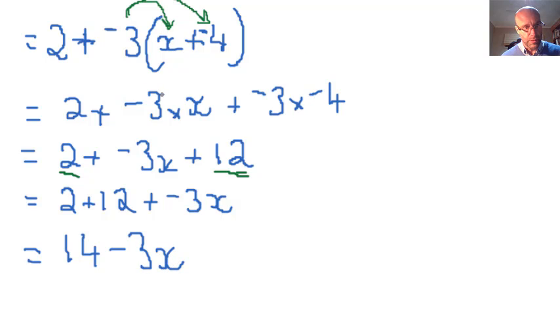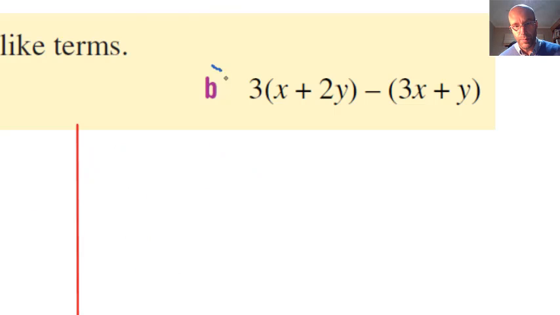Now you might not need to show all of these lines of working after you've done a few, but you probably should for the first few because they are more complex. Looking at the second one now, part B, we have 3 outside of x plus 2y minus 3x plus y. So what we have is 2 expansions.